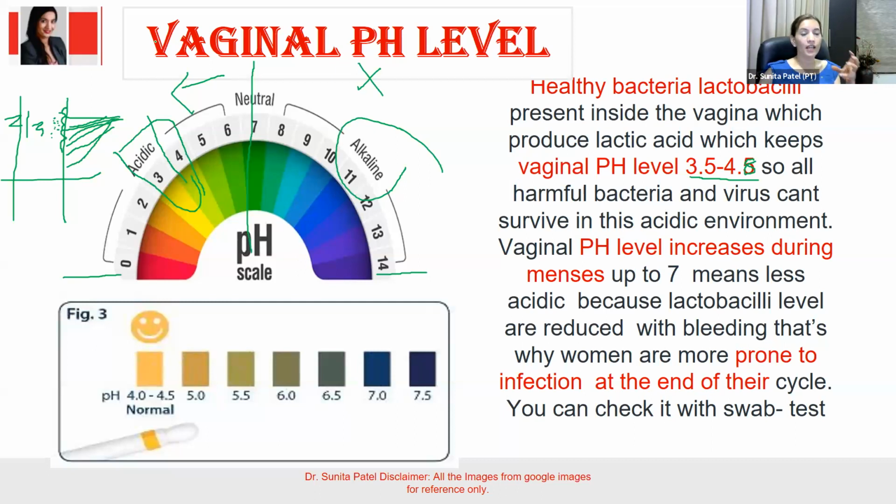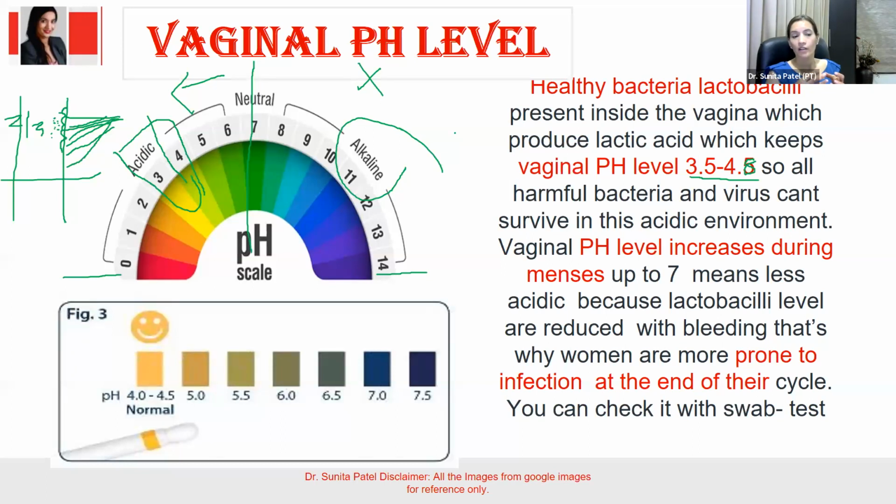And our vaginal ecosystem maintains this healthy pH level by producing lactic acid. The whole vaginal mucosa keeps producing lactic acid, and this lactic acid maintains the pH level.